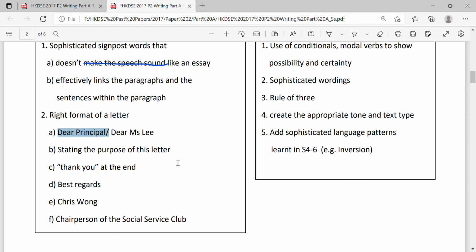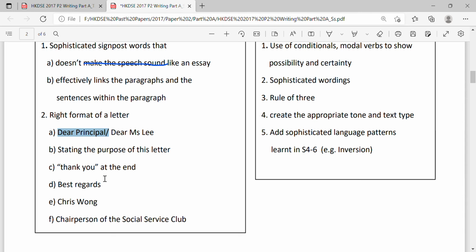Number 2B, stating the purpose of this letter. Yes, that's part of the format. Now, C, thank you at the end, and you hope that they will accept your suggestion. Don't say proposal. This is not a proposal. It's a proposal written in the form of a letter. So you end with thank you. Please consider our suggestions and looking forward to your reply.